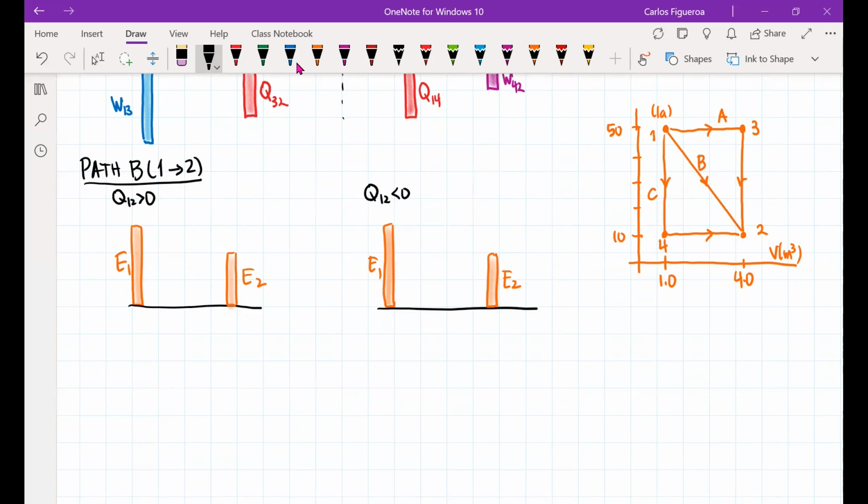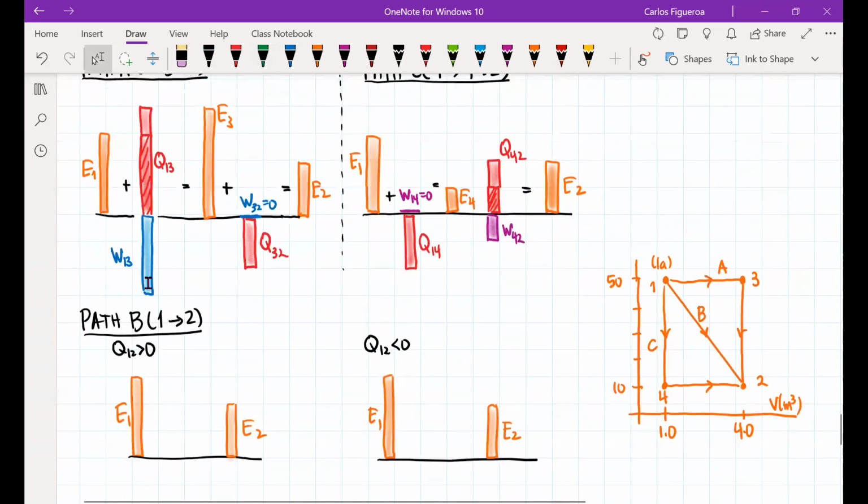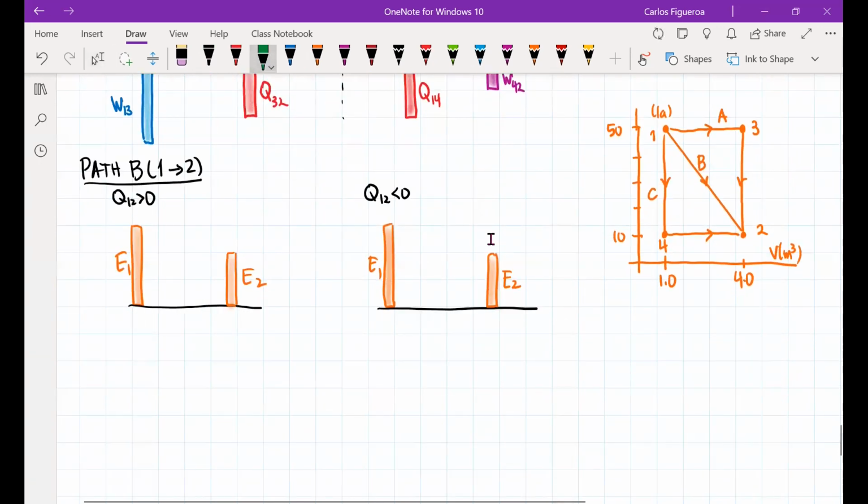Now, let's rank the works. So what do I know about the works? We know that the work from 1 to 2 is mid-size. So look at that. This one is 3 squares. This one is 2 squares. So that means the work has to be in between. So I'm going to say that the work here has to be 2 squares no matter what.